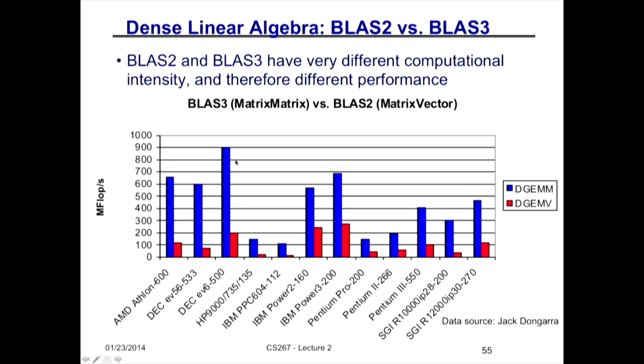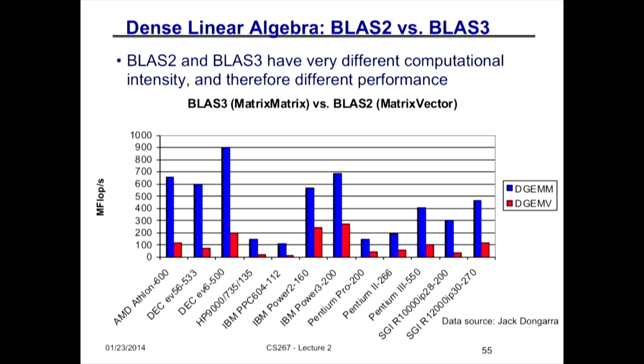And you can see how many times larger the matrix-matrix multiply bar is than the matrix-vector multiply. So across all these different platforms, you'd obviously want to spend your time doing matrix-matrix instead of matrix-vector. Now these are for square matrices, and your performance may differ significantly if you have rectangular matrices or whatever, but there are still large benefits to be had.